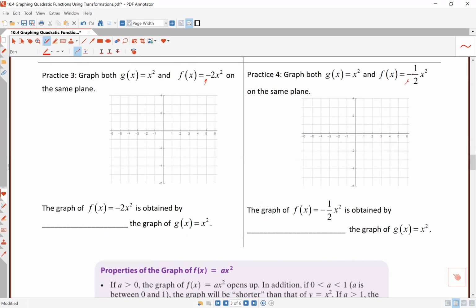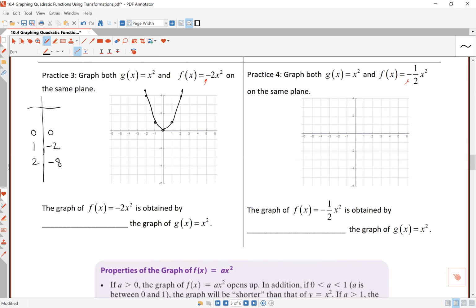Now that you've had a chance to work these out, I'll work these out with you. So again, the graph of g of x equals x squared goes over 1, up 1, and over 2, up 4. Left 1, up 1, and left 2, up 4. Traditional parabola. Now the f of x equals negative 2x squared. The 2 on it is going to make it go steeper, but the negative on that: 1 squared is 1 times negative 2 is negative 2. 2 squared is 4 times negative 2 is negative 8.